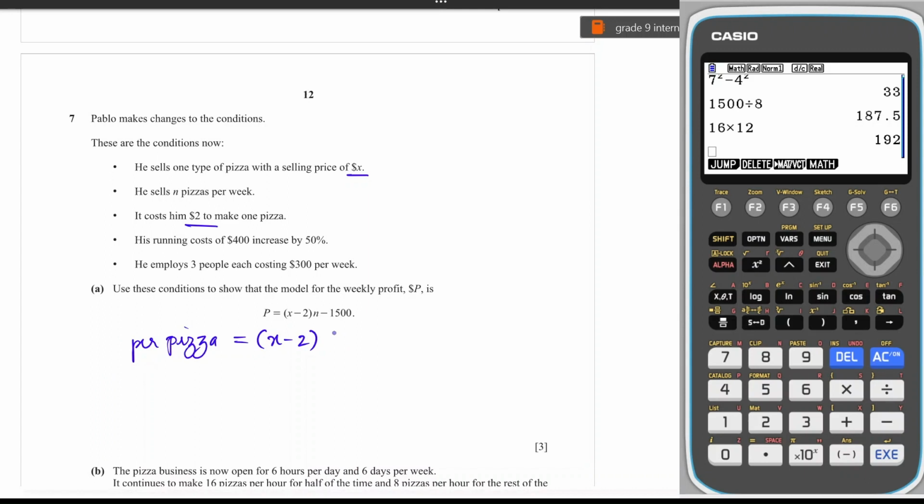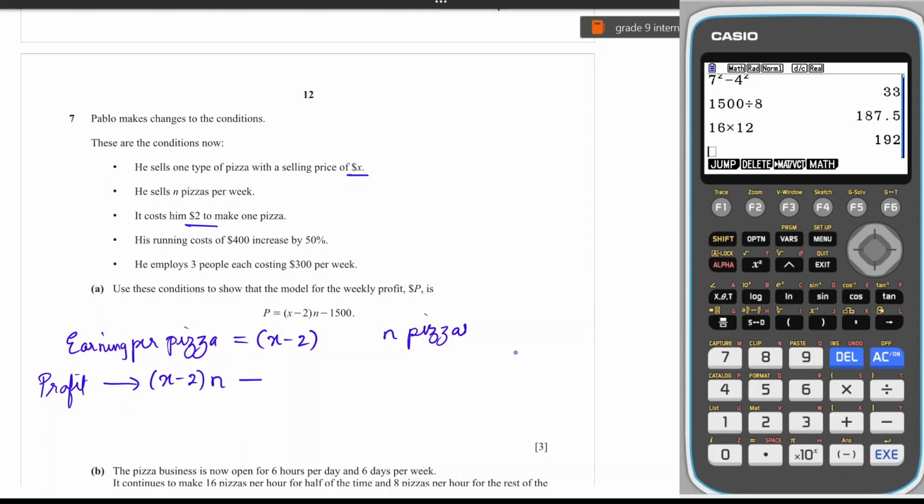So that is X minus 2. Now his actual profit will be this earning per pizza, and he sells N pizzas. So his total profit would be his earning from all the N pizzas, which is (X minus 2) into N.